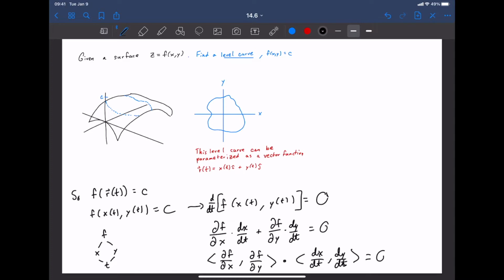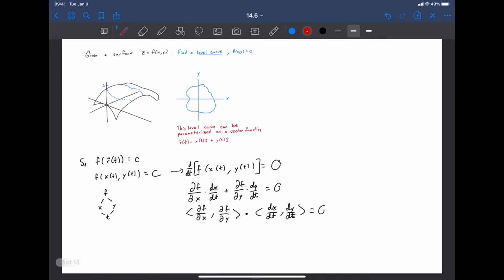Now, what are these two vectors? Why are they relevant? Why are they useful? Well, the one on the left is the gradient vector for f at xy.